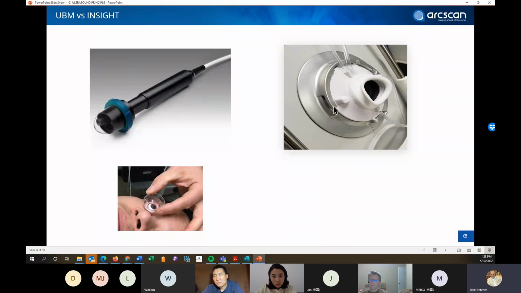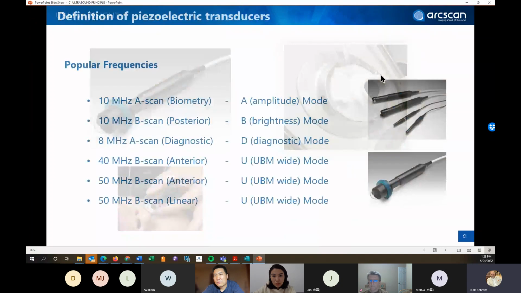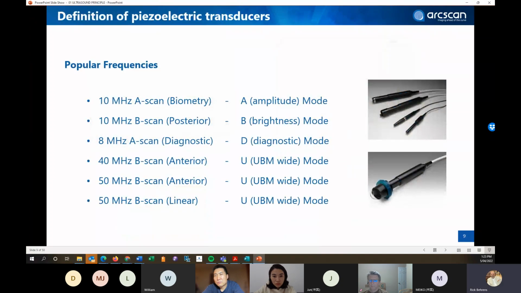So this tiny probe lives inside of the unit, and this membrane is encapsulated in this device, which is called the eye seal.